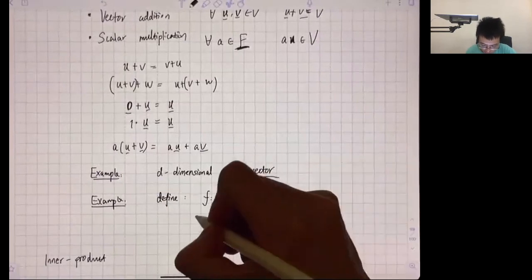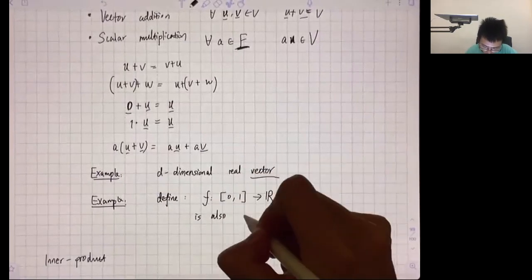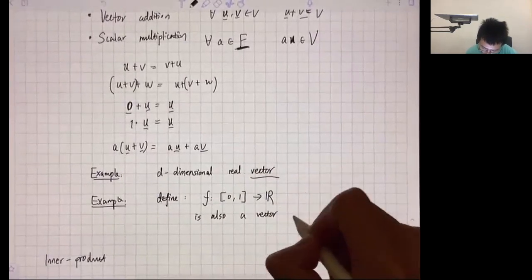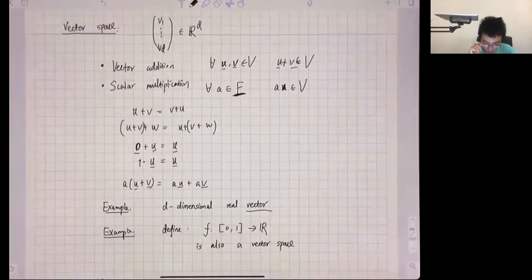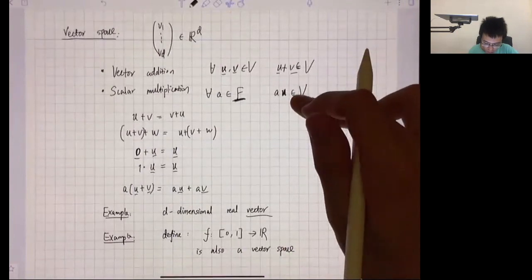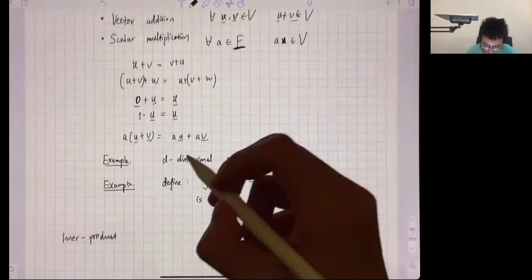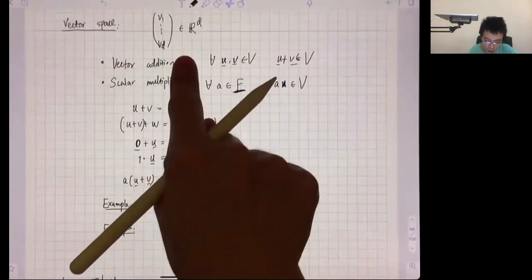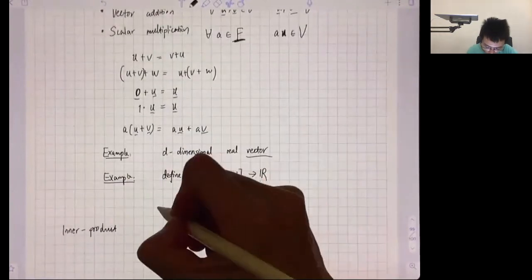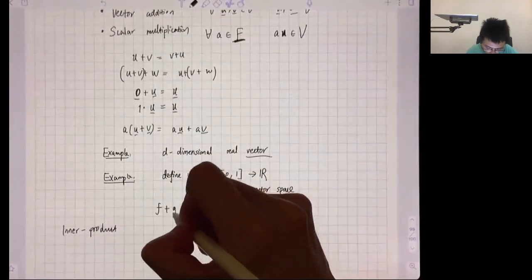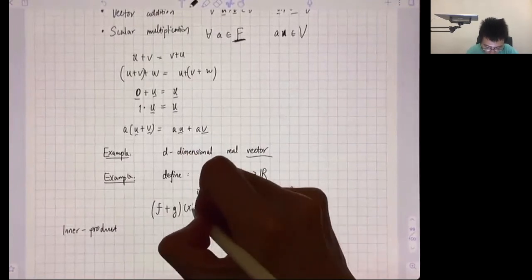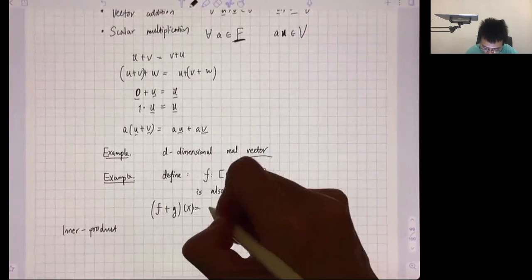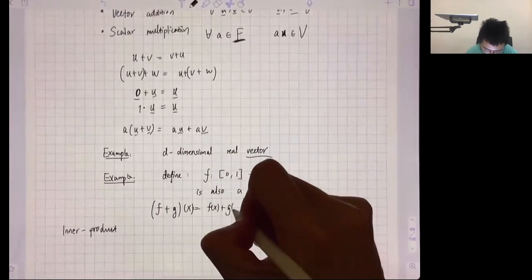Right? So I need a vector addition and scalar multiplication. So I need to define f plus g, it's a vector addition. So this function, when you apply x, I define it to be f of x plus g of x, okay?